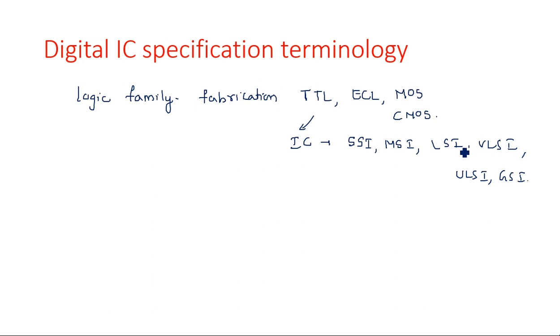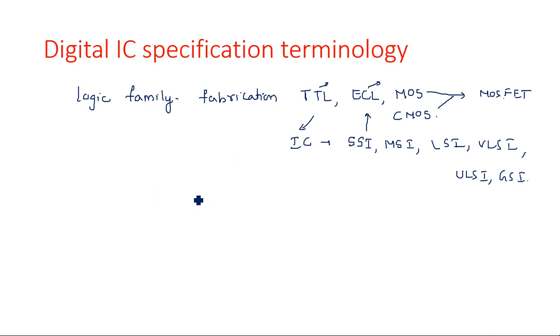So this deals with the number of transistors that we are fabricating on a single silicon chip, silicon die. But what type of technology are we using in order to fabricate? In TTL also we are having bipolar junction transistors. In ECL also we are using BJT. Whereas in the CMOS and MOS technology we are using MOS transistors, MOSFETs. So how many transistors, that deals with this type of integration technology, and what type of logic technology, logic family we are using, that deals with these logic families.